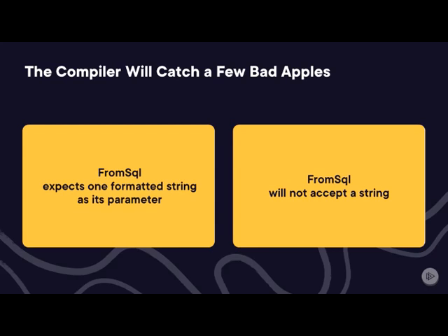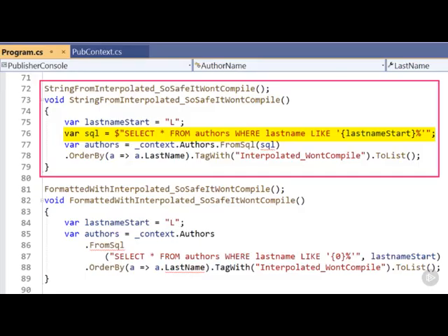There are two more things I want you to be aware of about the FromSql method, where the compiler will catch two problems for you. The method accepts one and only one parameter, and it can't be a string. It has to be a format string. Let's see what that looks like. What if you pre-create the interpolated string? Well, again, the resulting variable is now just a plain old string. But it's still safe.